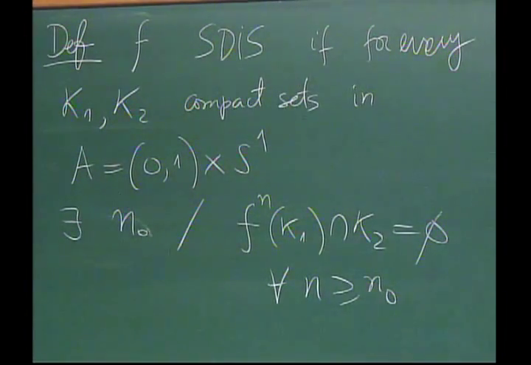Dissipative is the definition when one of these sets is one point.